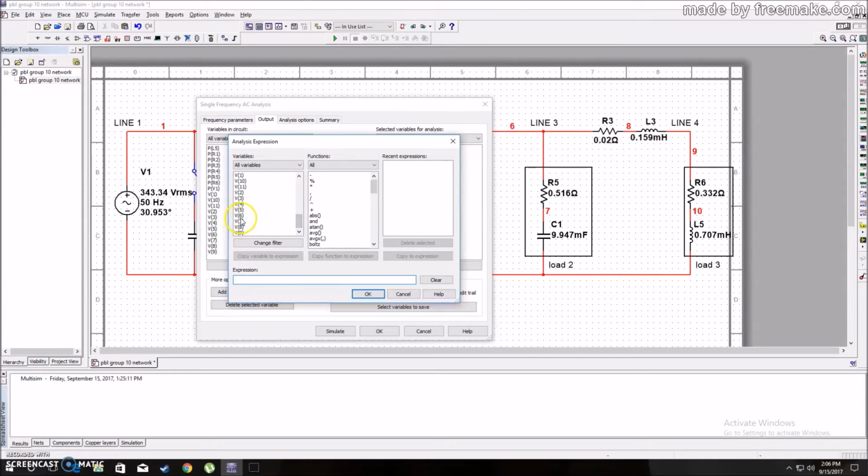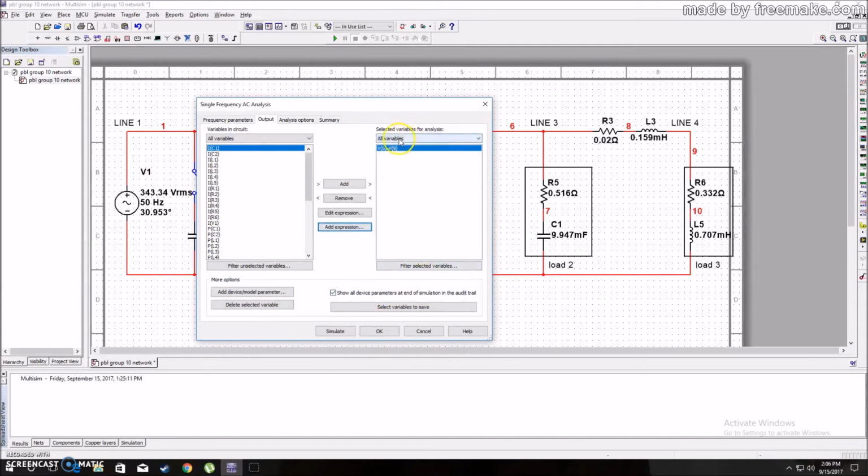We could use the operation of minus: voltage net 6 minus voltage net 9. See, now there is a variable for that. So this is the voltage value across the transmission line 3 to 4.